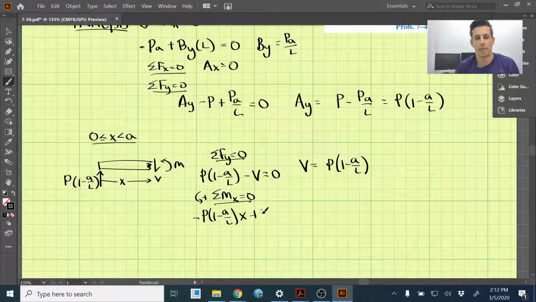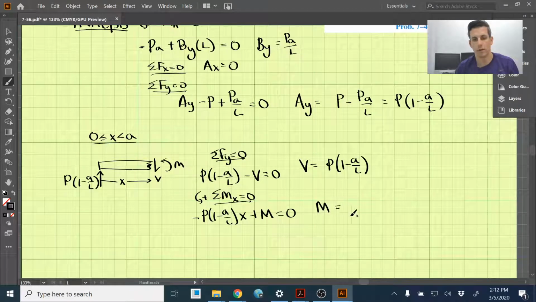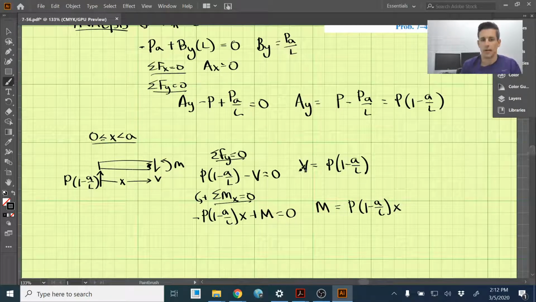And then we have plus M here. Setting that equal to 0, we come out with M equal to P(1 minus A over L) times x. Okay, so we have those two equations now for 0 to A.